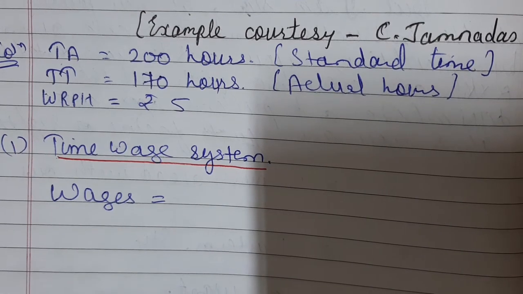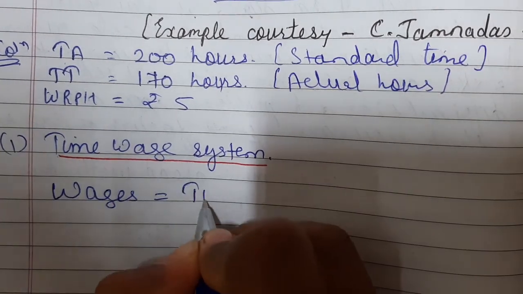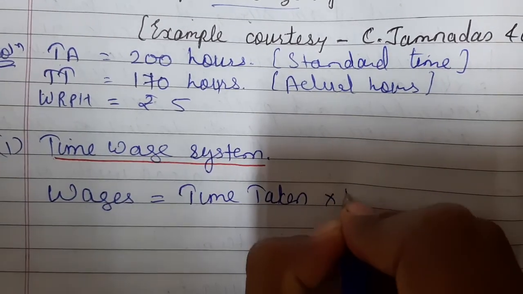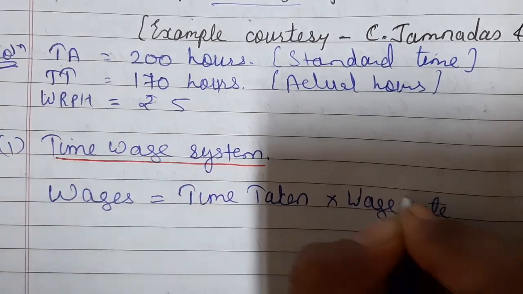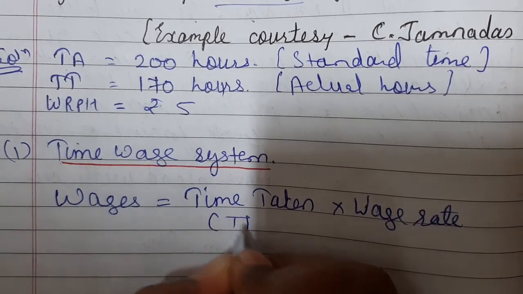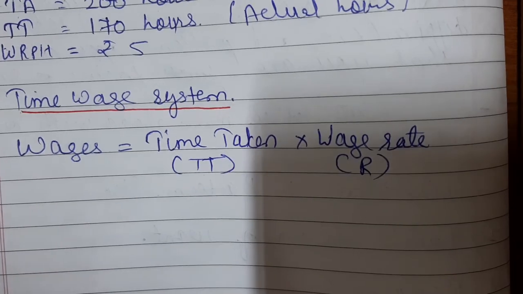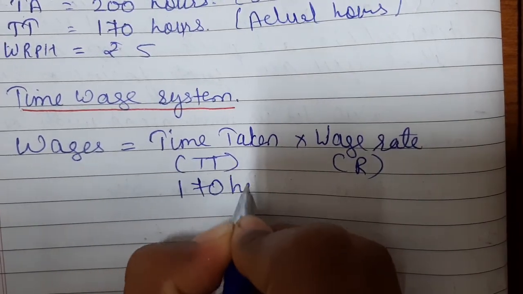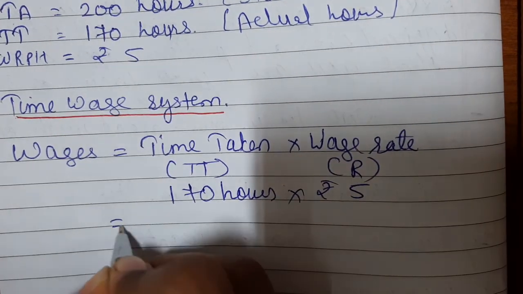So, time wage system, wages formula will be time taken into wage rate. You can take WR or R, anything. So, time taken can be taken as TT and wage rate can be taken as R. Time taken is 170 hours into wage rate ₹5.